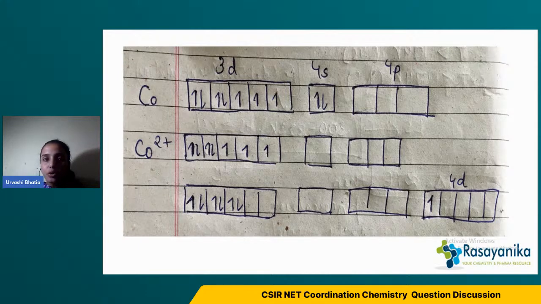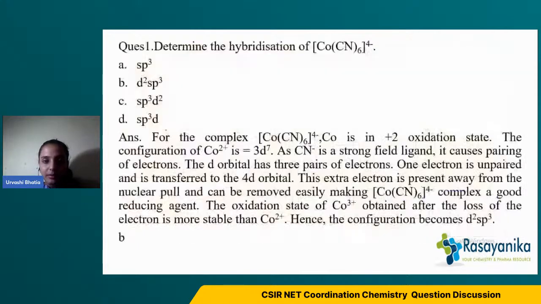Why? Because cobalt 3+ is more stable as compared to cobalt 2+. This is how cobalt 3+ can be obtained. You can read it: the d orbital has three pairs of electrons. One electron is unpaired and is transferred to the 4d orbital.